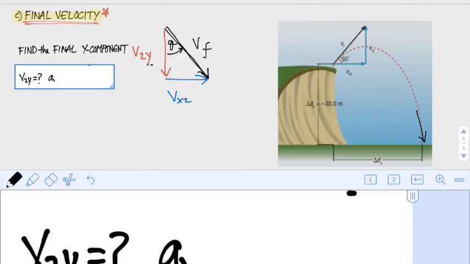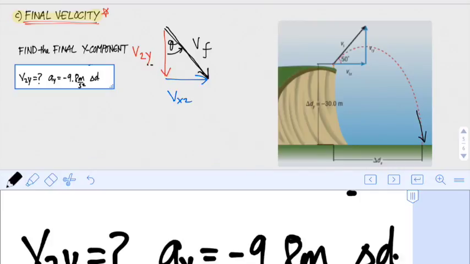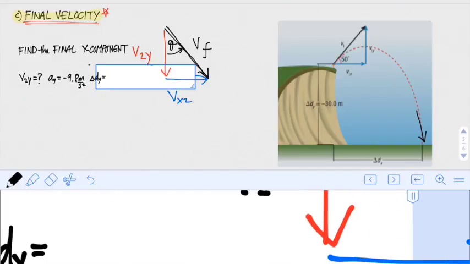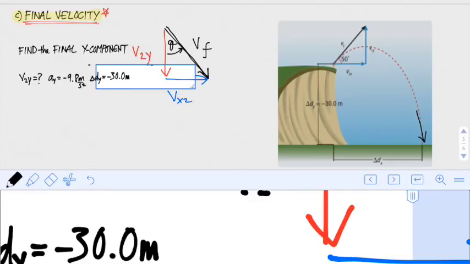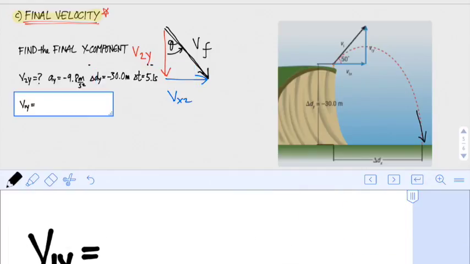We know that ay is negative 9.8. We know that delta dy is negative 30. And we know that the time of flight was 5.1 seconds. We also know that v1y was positive 19 meters per second.